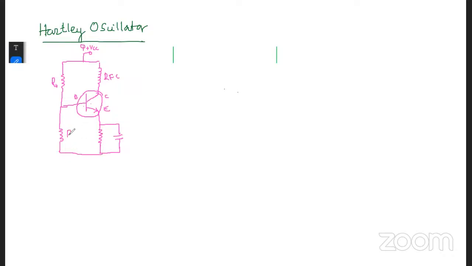So this is the resistance R2 here, and this will be connected to the ground generally. And this feedback circuit should be there. So in the output capacitor, this comes, and here we have two inductors.